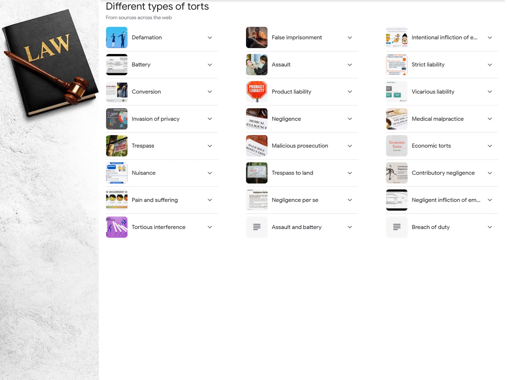Torts are defined by various explanations or various subtitles. We have defamation, battery, conversion, invasion of privacy, trespass, nuisance, pain and suffering, negligence, trespass to land, malicious prosecution, product liability, assault, false imprisonment, strict liability, various liability, medical malpractice, economic torts, number of things, breach of duty, breach of public trust.